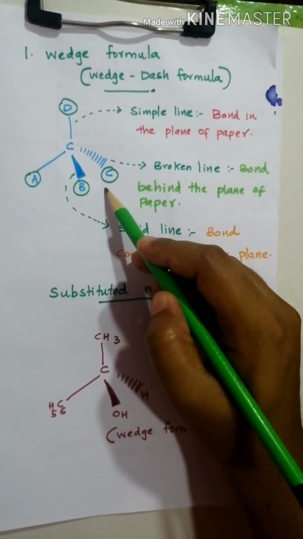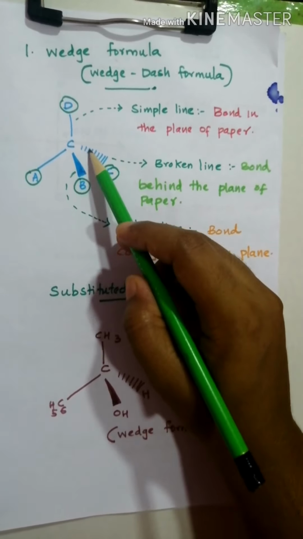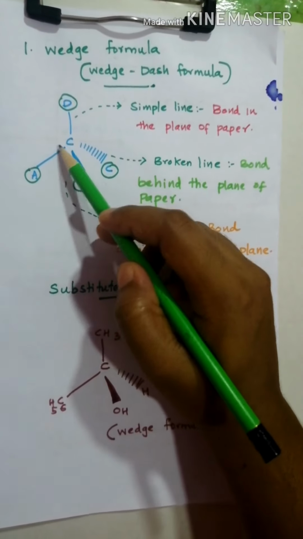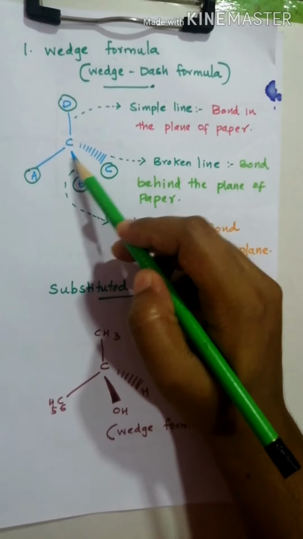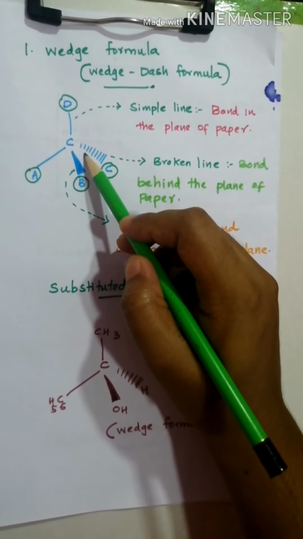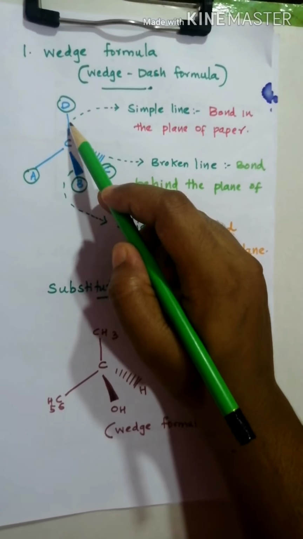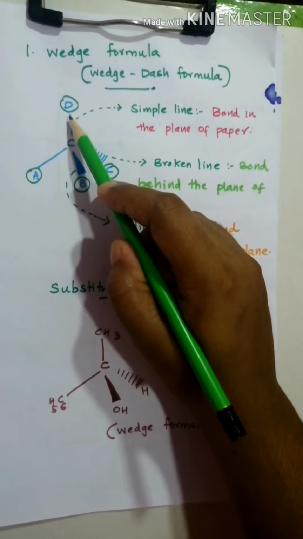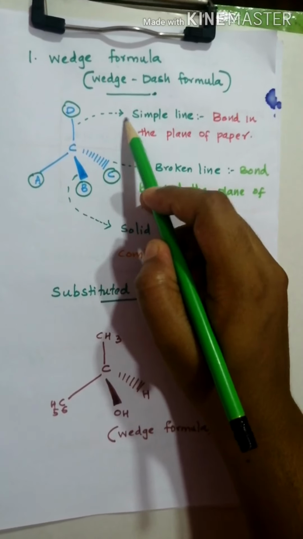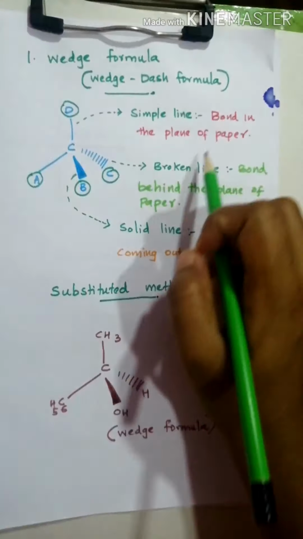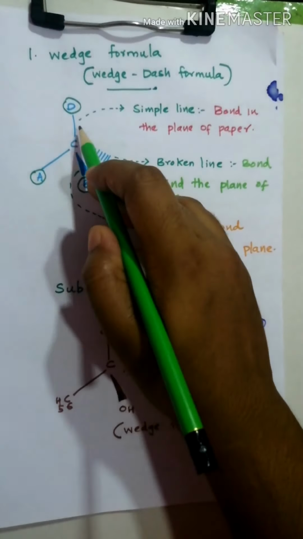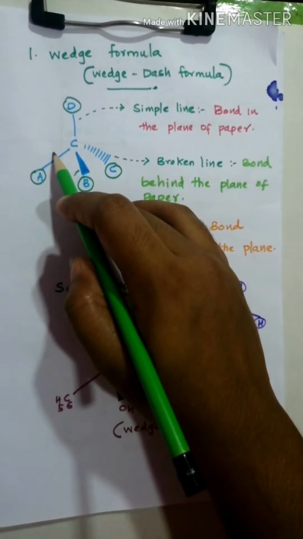On looking at this structure, we can observe that there are three kinds of bonds present in a wedge formula. The first one is normal lines or simple lines. These two are simple lines. Simple lines indicate bonds present in the plane of paper, with no projection.